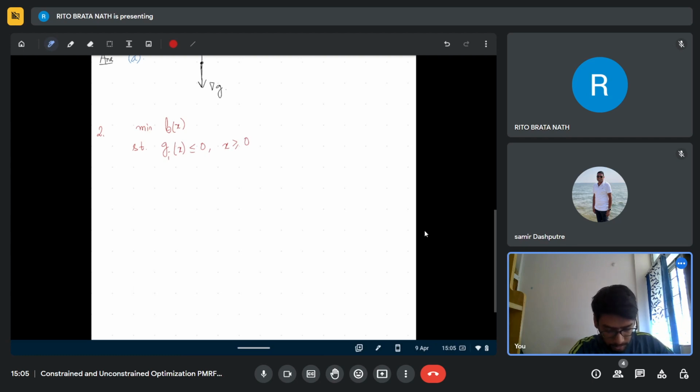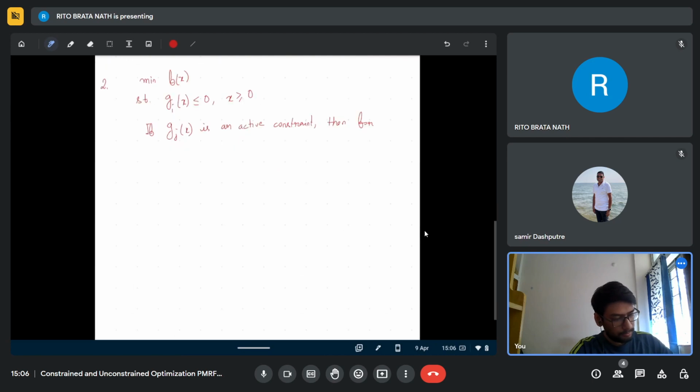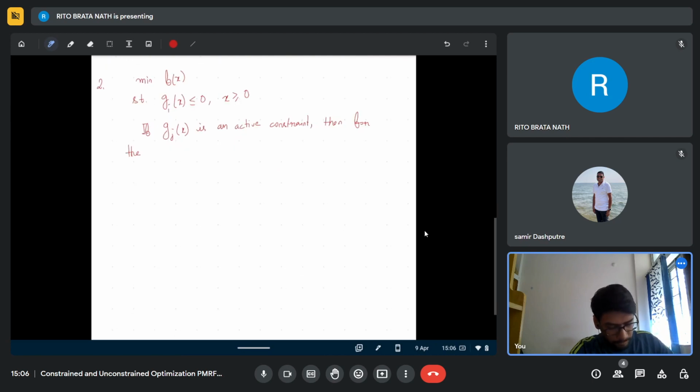Here it is mentioned that if g_j(x) is an active constraint, then for the feasible direction s, which of the following is or are true?